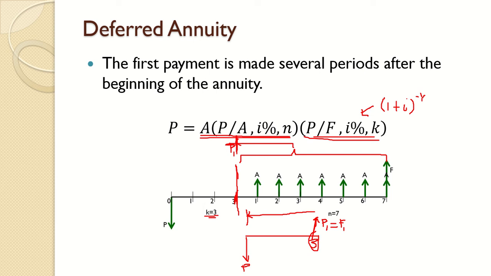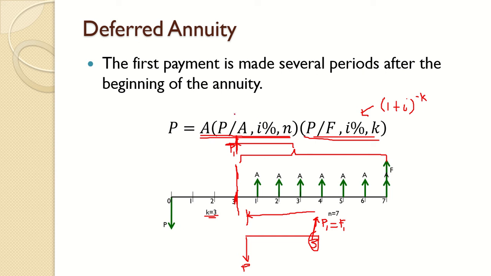If we are dealing with present worth, meaning nagpa-atras ta, the exponents are negative. But if we are dealing with future worth, paabante, the exponent is positive. So mo ni siya nga formula. So i-convert siya until may mo siyang P. Kanisa una, then later on this part here. Okay, so this is the equation for deferred annuity.